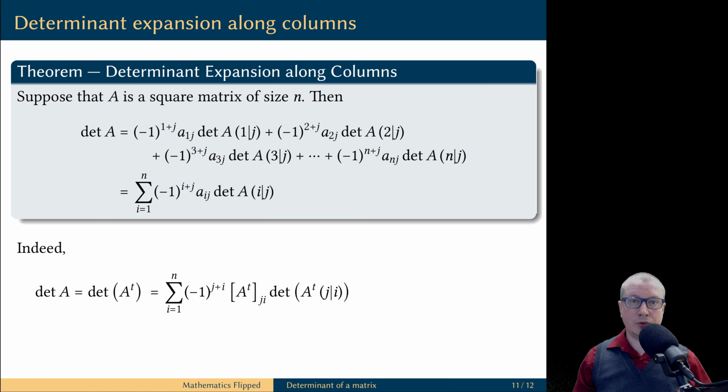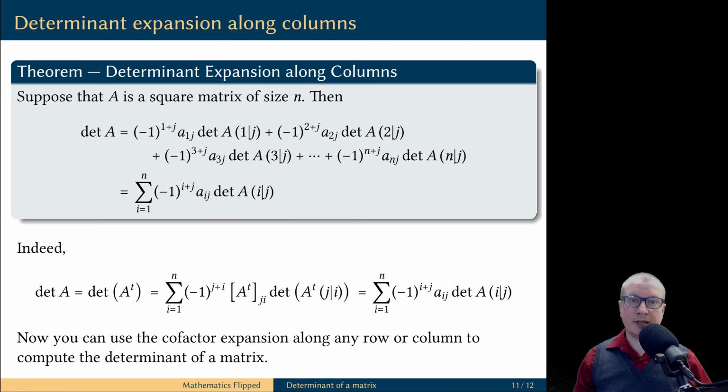Then we are going to apply the cofactor expansion along row j for the matrix A transpose. But then the entry in position ji of A transpose is the entry in position ij of the matrix A, and the submatrix of A transpose obtained by removing row j and column i is the same as the submatrix of A obtained by removing row i and column j. But this is exactly the formula we were trying to establish.